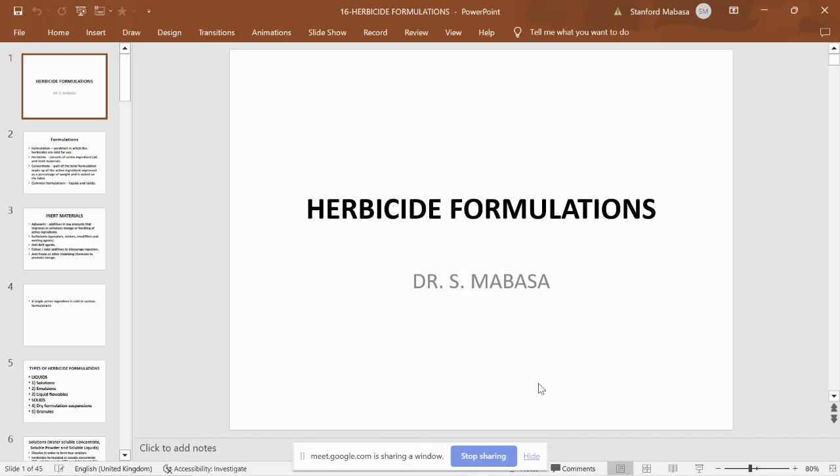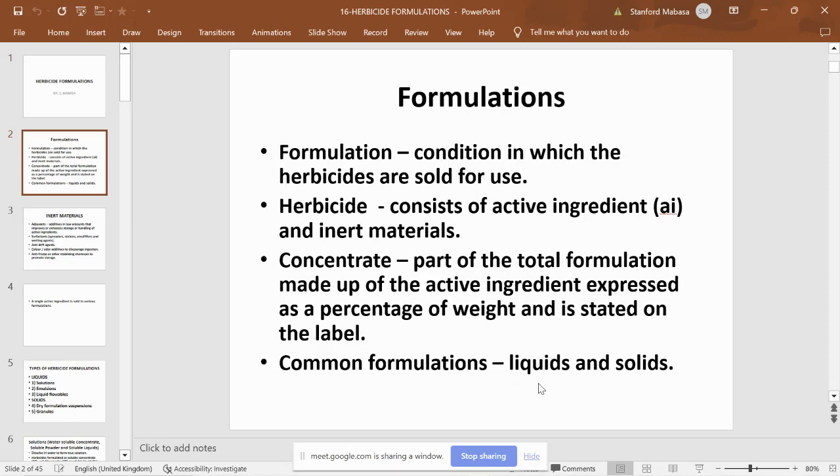Okay, herbicide formulations is what we are going to talk about. Formulation is the condition in which the herbicides are sold for use. Herbicide can consist of active ingredient and inert materials.